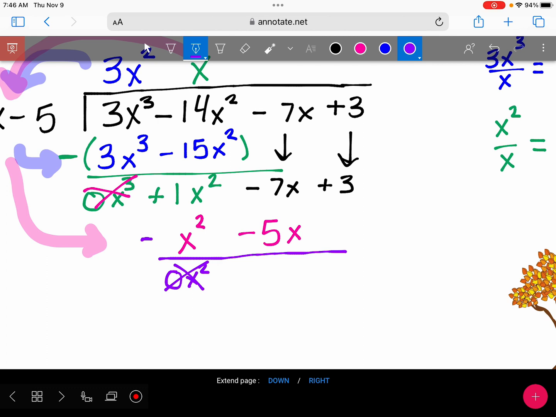It should always cancel out. Then we have negative 7x minus negative 5x. What do we get when we subtract these two? Negative 2x. And then we're going to drop down our 3.